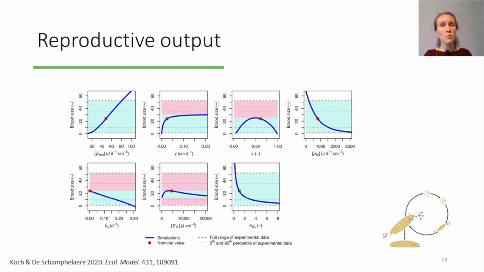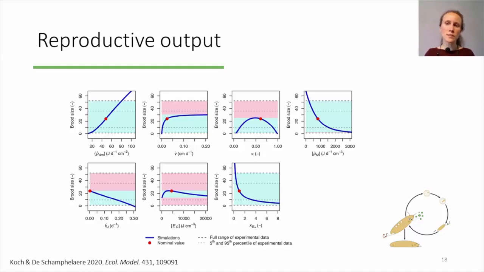Okay. Which is why we have some kind of quadratic relationship here, with an increase and then a decrease in reproduction. Well, for other parameters, the cost, for example, we have a negative impact, which is still quite straightforward.